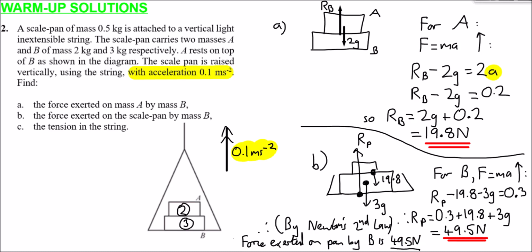For C, find the tension of a string, what we could do is just consider the system as one. So considering this as a whole system, we've got the scale pan, and everything inside it we can consider here.